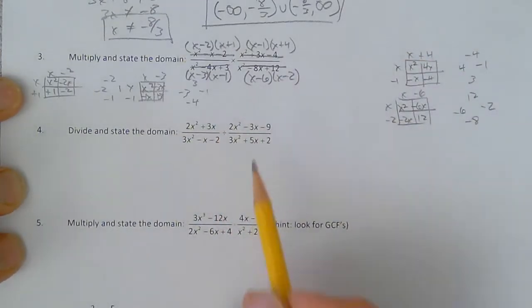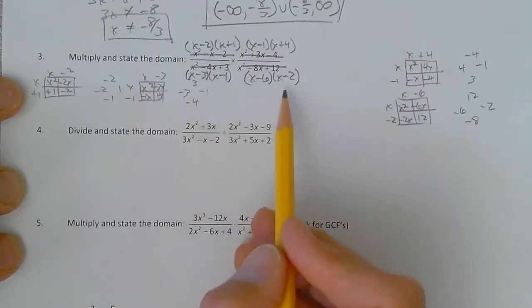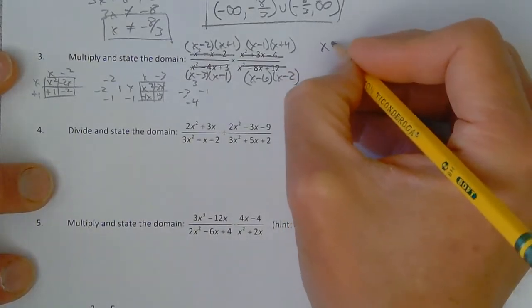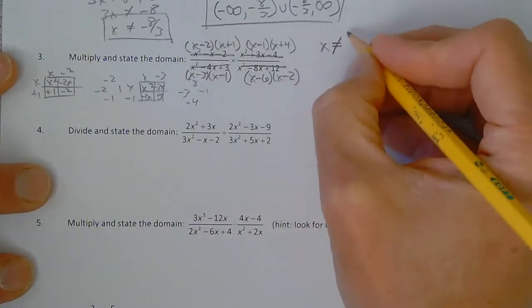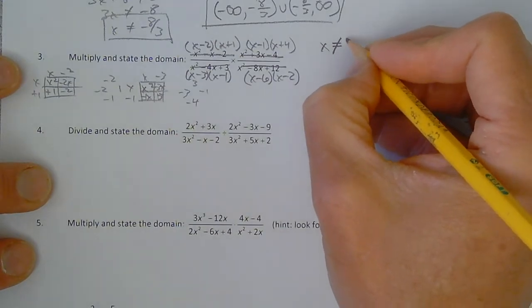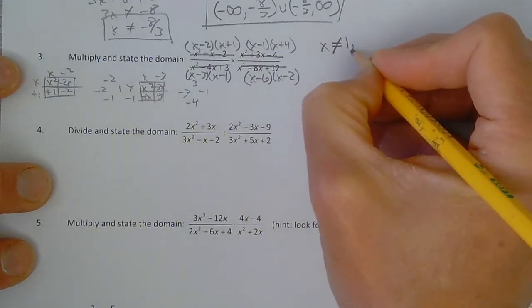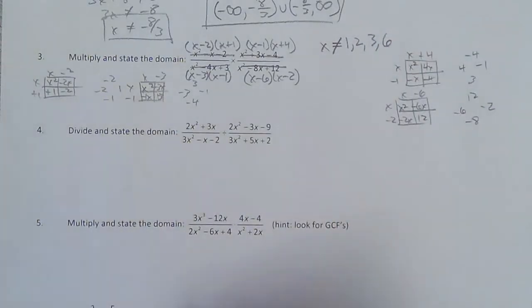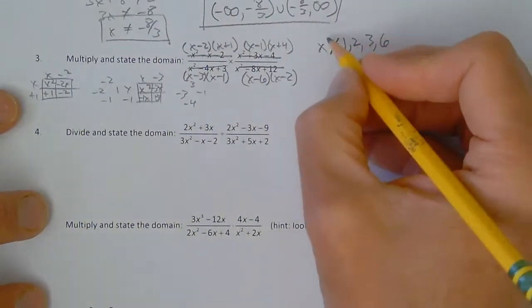I can now read my domain off of these numbers that are in the denominator. I'm going to write this as an inequality. I'm going to say that means x cannot equal, where do we start? Can't equal 1. It can't equal 2, it can't equal 3, and it can't equal 6. Okay. So this is my domain up here.